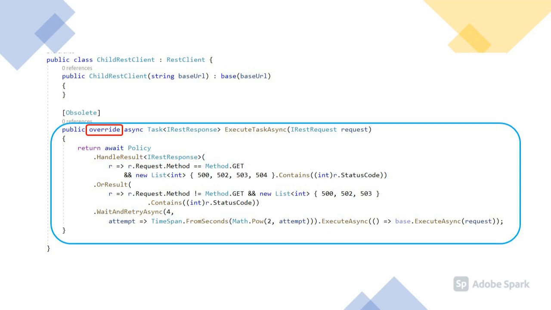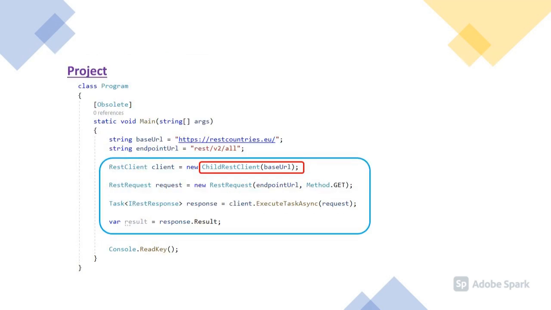So here I have created a child RestClient class by extending the RestClient class and overridden the ExecuteTaskAsync method to provide extra functionality. Now we have used the child RestClient class in our project. So now the ExecuteTaskAsync method will retry making the call 4 times in case of 500 server errors.